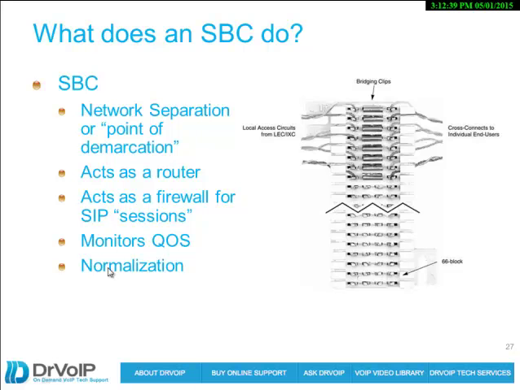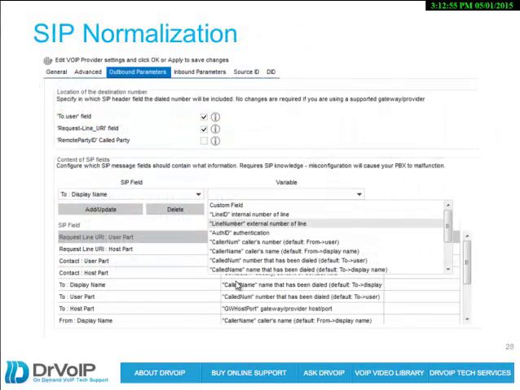And sometimes in a SIP dialogue, we have to convert from the phone company's flavor of SIP to our internal flavor of SIP, and that's done through this process of normalization. This is a screen that shows some kind of voice normalization.